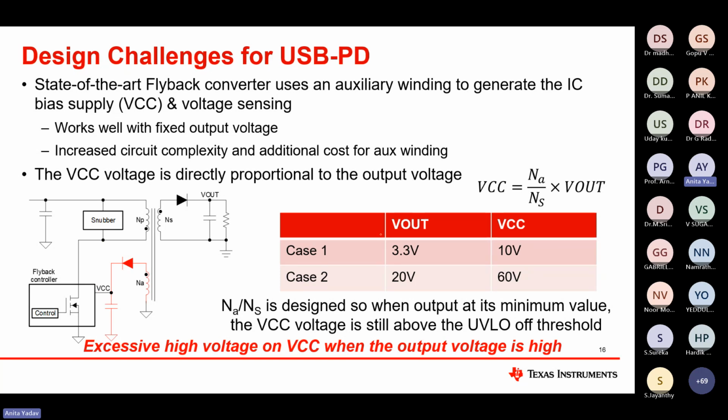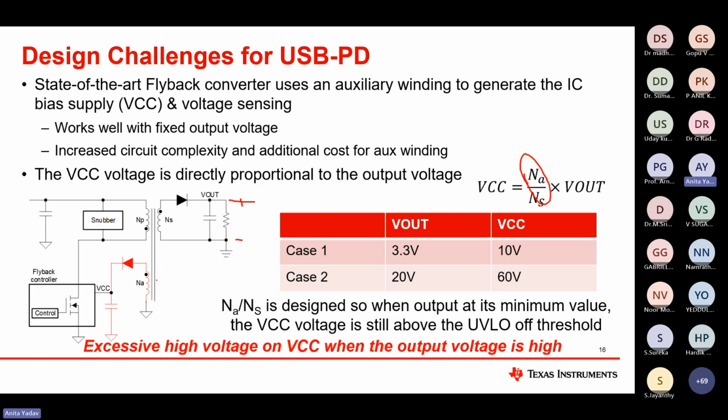And the turns ratio of this is such that this VCC is directly in proportion to the Vout. Even if I say this value Na by Ns gives 3 volt, our USB PD application has a wide output range, all the way from 3.3 volt to 20 volt: 3.3 volt, 5 volt, 9 volt, 15 volt, 20 volt.